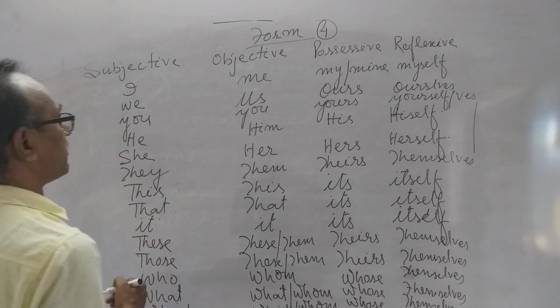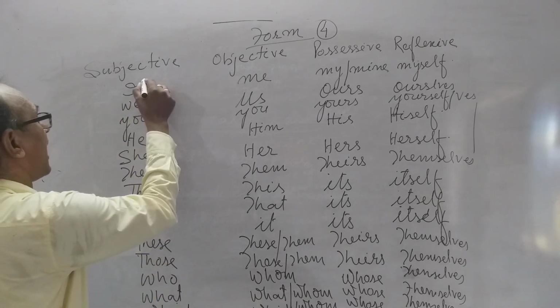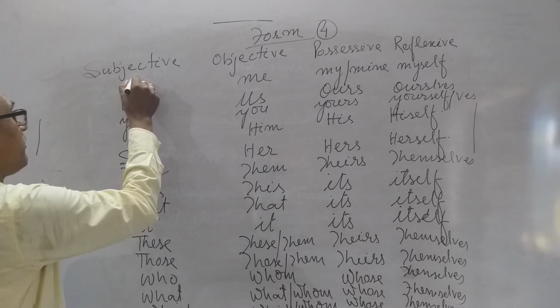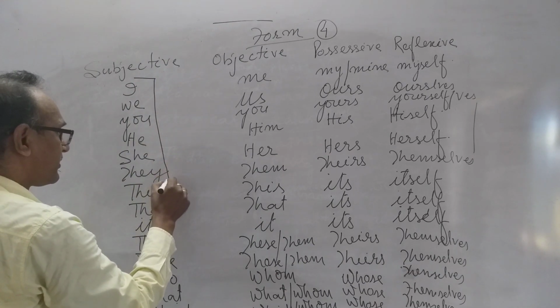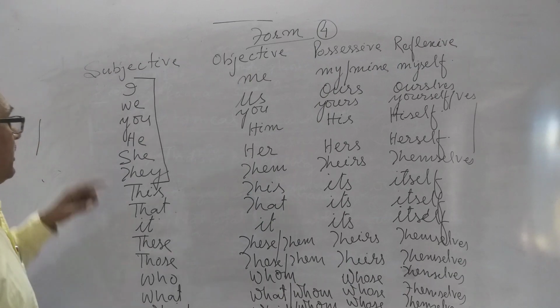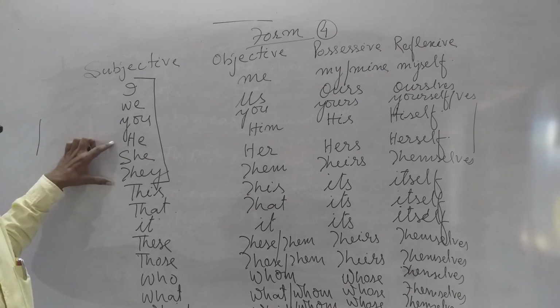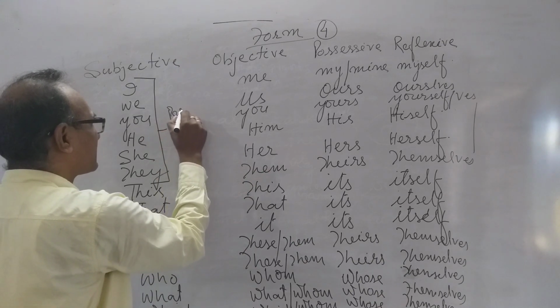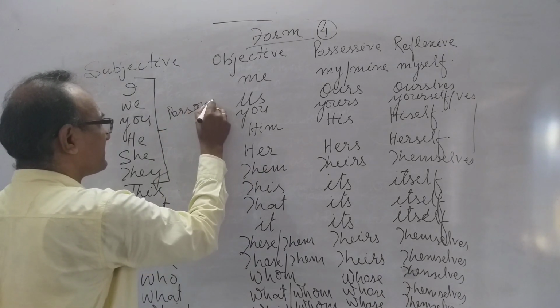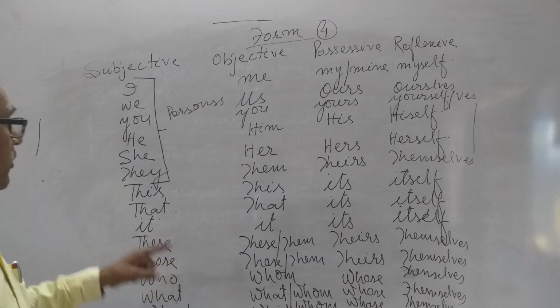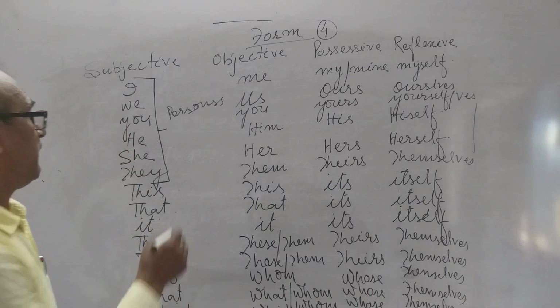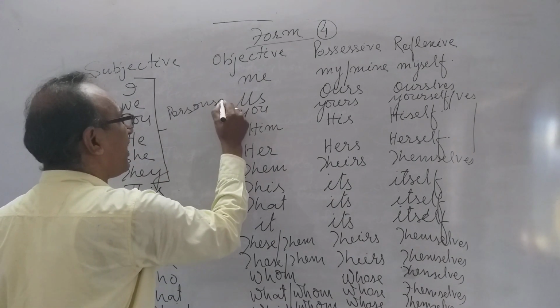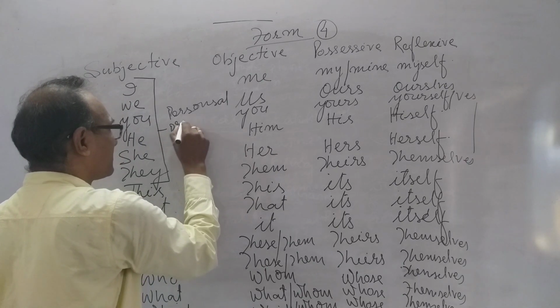Now you see, here it is I, we, you, he, she and they. These six pronouns are generally used for persons, so they are called personal pronouns.